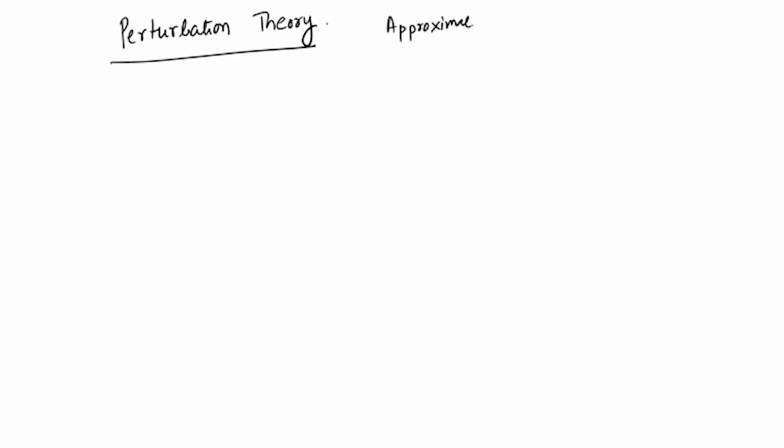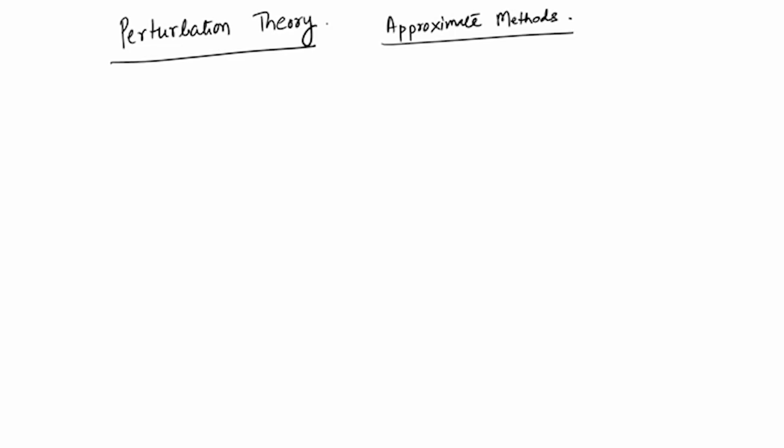So, let us go on to a new topic which is known as perturbation theory. And in general, they form a class of solutions which are known as the approximate methods. And as the name suggests, this is not an exact solution, but a solution which is approximately done.